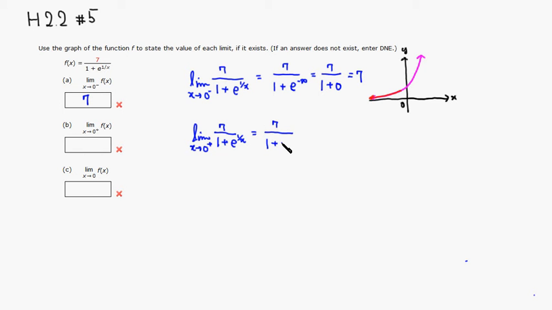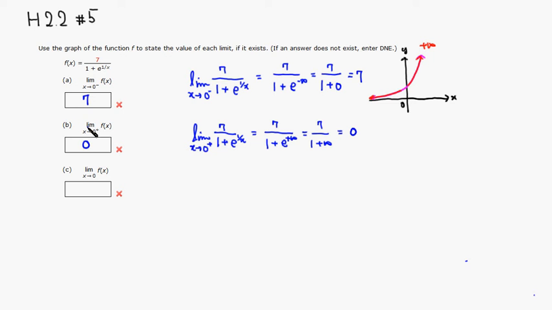Here you have e to the 1 over 0 positive, which means this is going to go to positive infinity. As x approaches infinity, e to the x shoots up to positive infinity. So this is going to be 7 over 1 plus infinity. But 7 divided by an extremely big number is going to be very close to 0. So the limit is going to be 0.